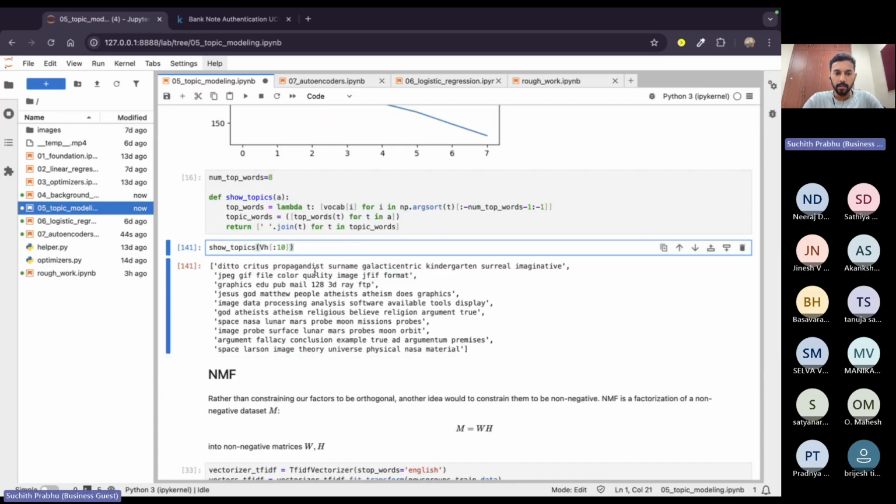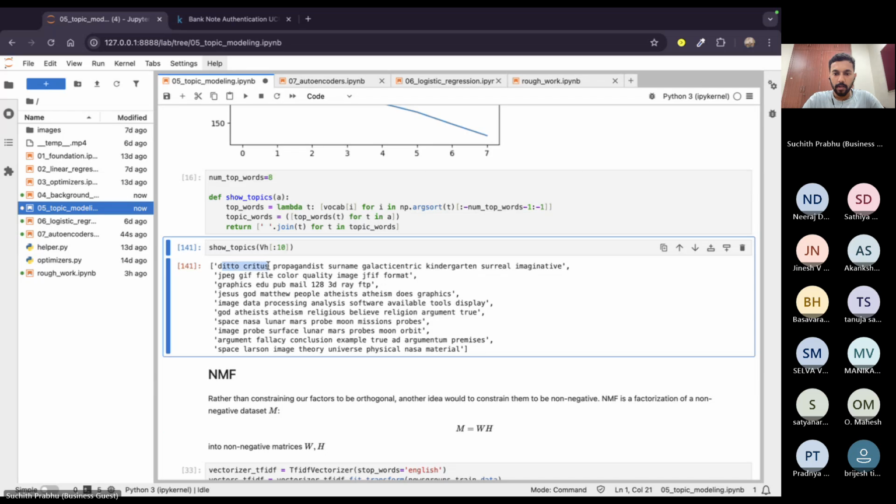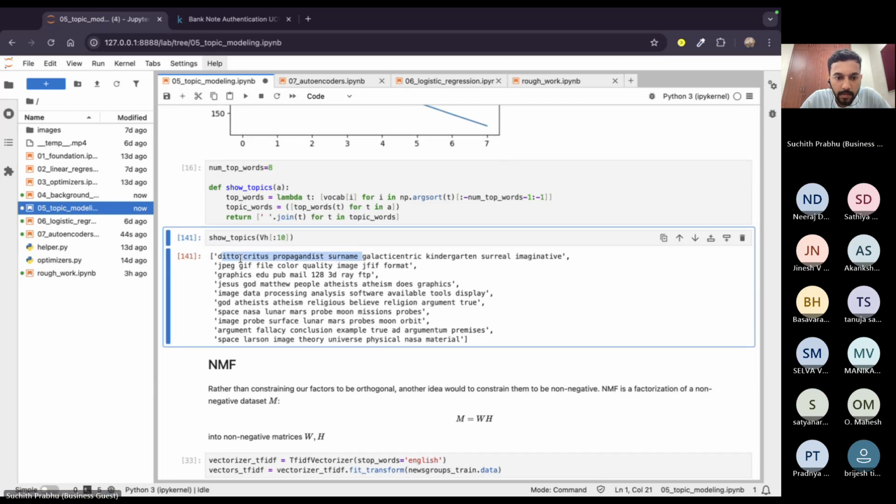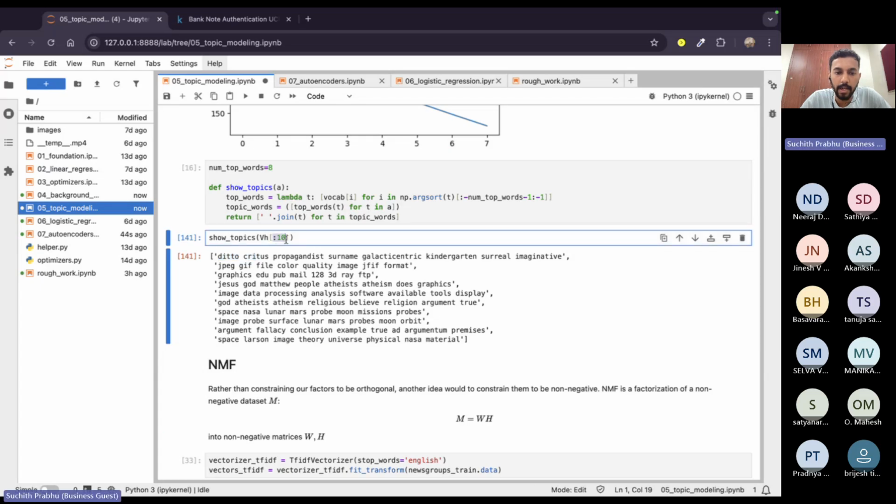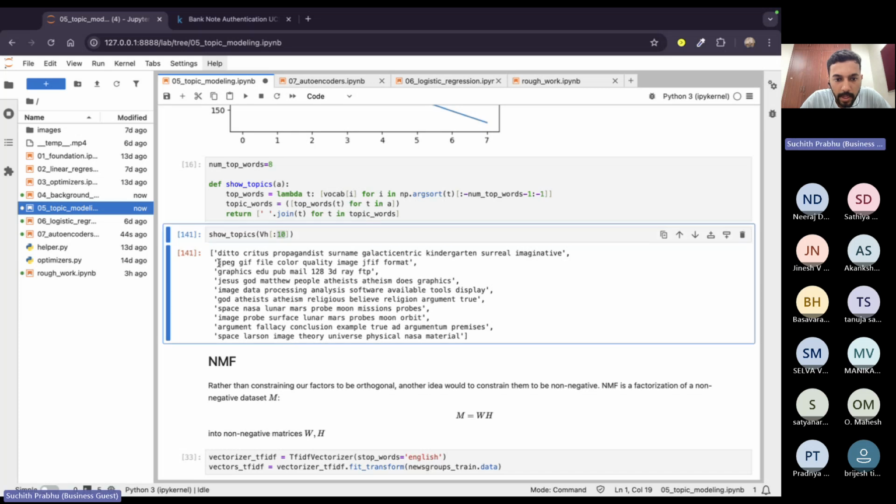So this is what we get as output. We're looking at the top 10 topics modeled, and you can see the second one is related to graphics. This one is related to religion, but there is graphics in it also.